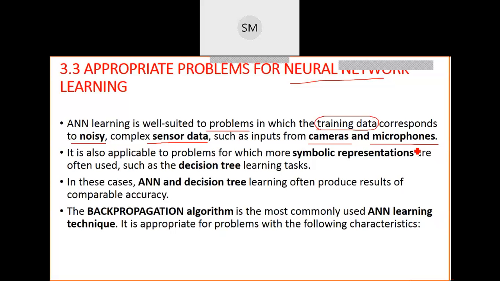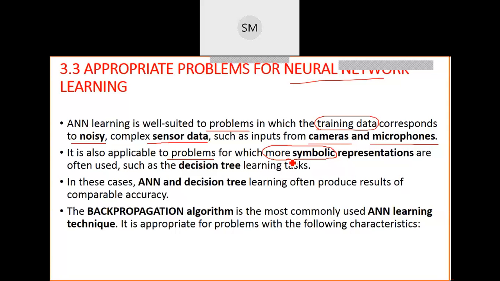It is also applicable to other kinds of problems where we are using representations with a large number of symbols. For example, in the previous module we represented our hypothesis in the form of a decision tree, if you remember.